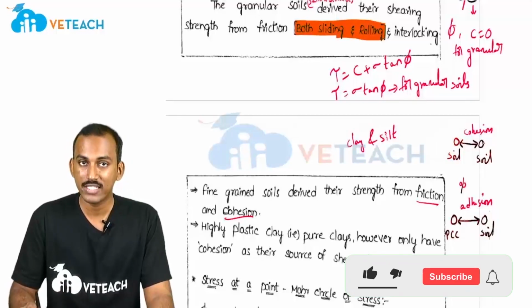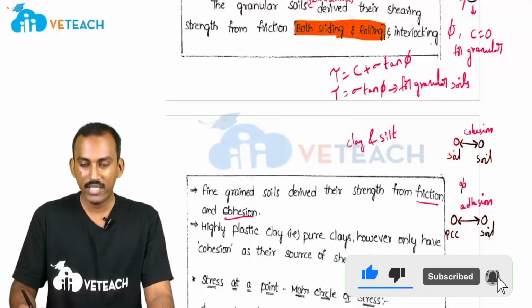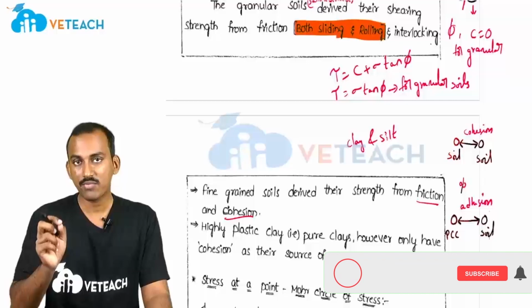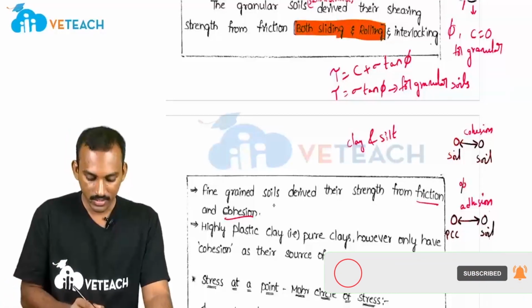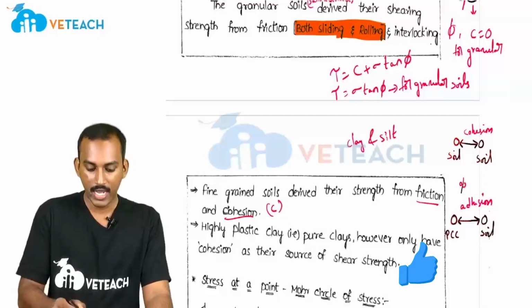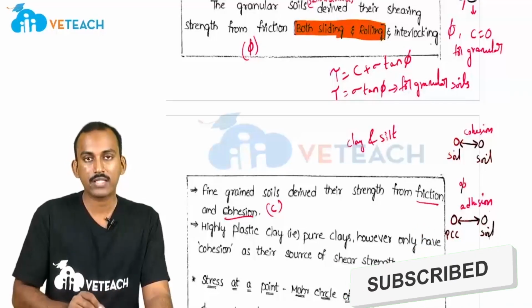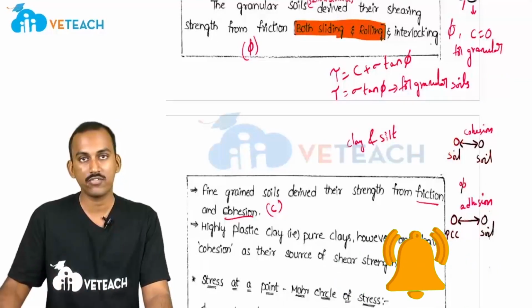This cohesion force is the major force in case of fine grained soils, and phi will also develop, but the contact area is very small, so the phi development will also be less. Here C is the predominant factor and here phi is the predominant factor. These two are the major factors possessing the shear strength of the soil.